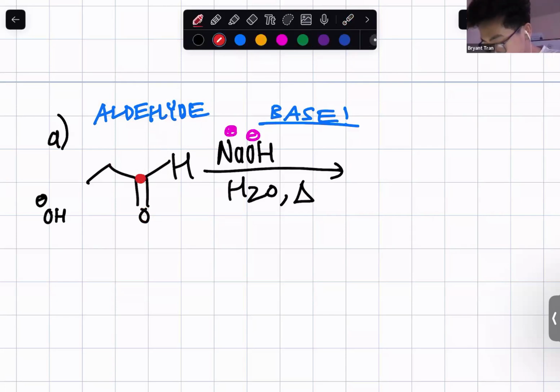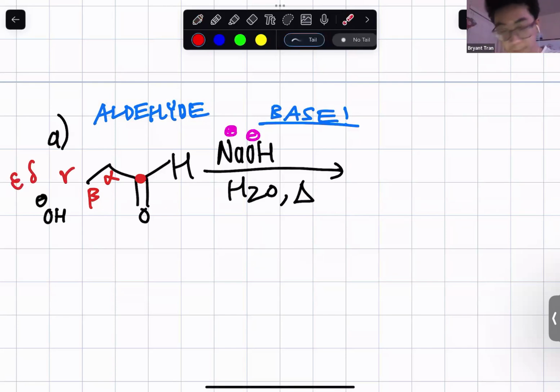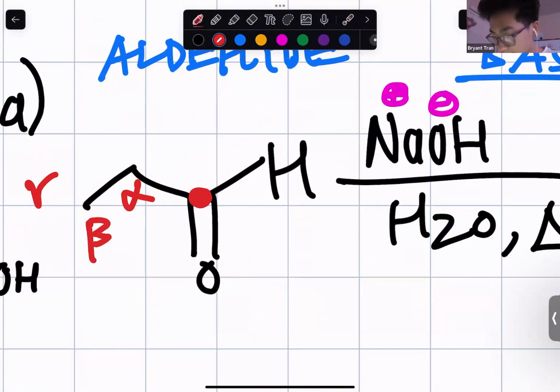Because this carbon here is the carbonyl carbon. The alpha carbon is the first atom away from the carbonyl carbon, and the beta carbon is the second atom away from the carbonyl carbon. And you can keep going like gamma, delta, epsilon. But that's how we position the carbons relative to the carbonyl carbon. Right. So this alpha carbon here has two alpha hydrogens, but I'm gonna draw out only one of the alpha hydrogens like that.